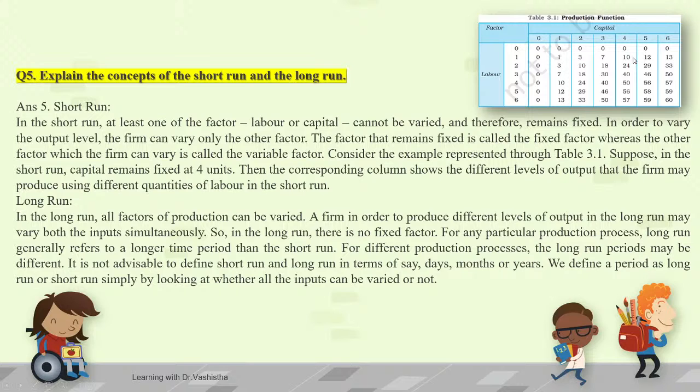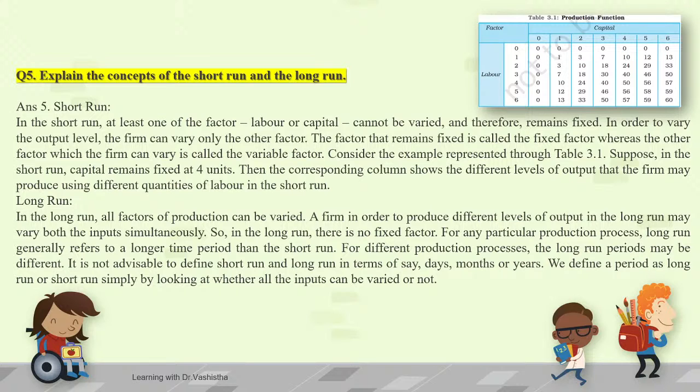So this period where one factor has to be kept fixed is known as the short run, whereas in the long run all factors of production can be varied. So a firm, in order to produce different levels of output in the long run, may vary both the inputs. Like in the long run, both labor and capital can vary. So there is no fixed factor. And for any particular production process, long run generally refers to a longer time period than the short run.